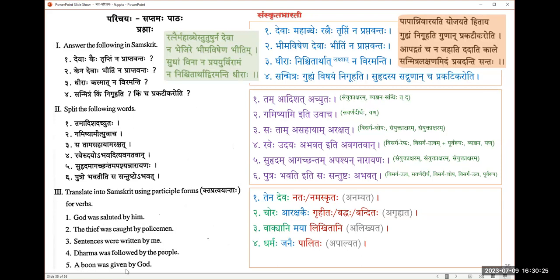A boon was given by God. Ishwarena. Varaha. Very good. Dattaha. So Devena, Ishwarena, both are fine. Varaha Dattaha, Yachitaha. Then Ayachyata, something like that. I'm not too sure. But anyway, it's all extra exercise.